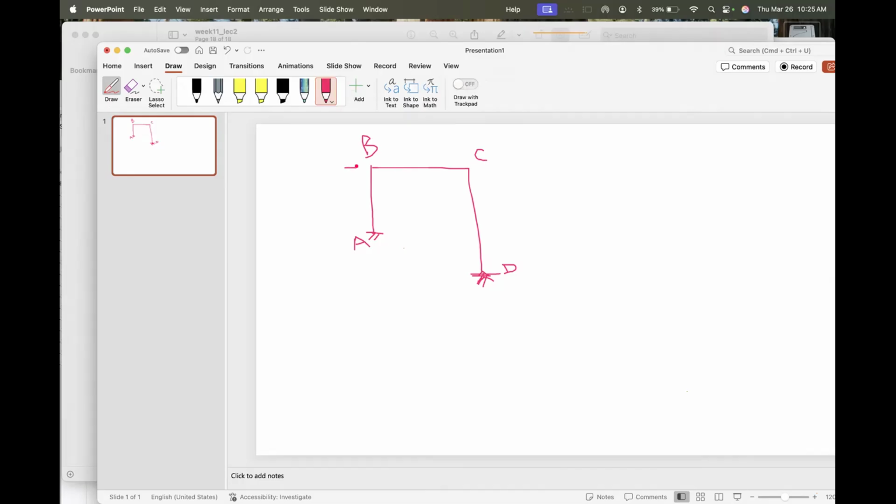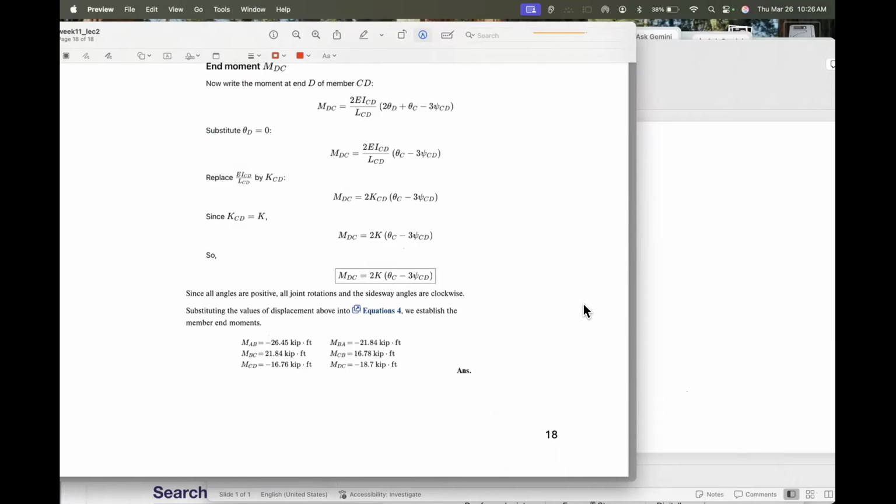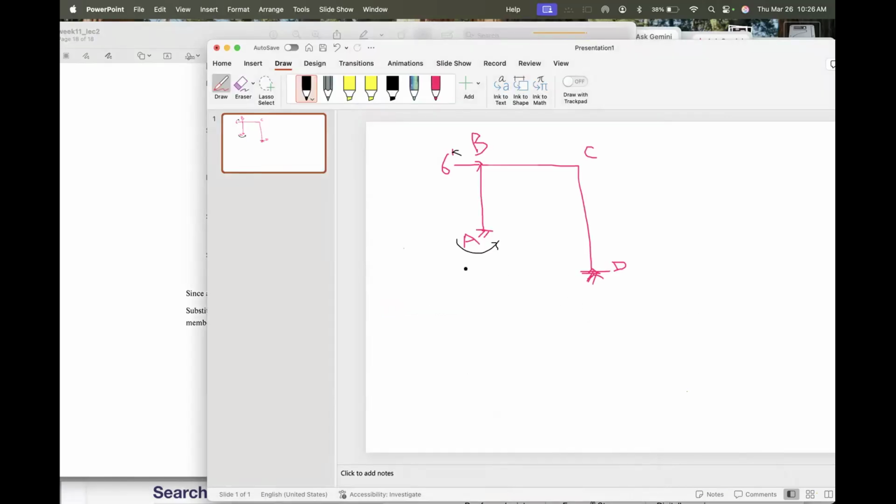And we have 6 kip here from before, 6 kip. Keep 6 kip here. We just compute, right? We just get from here M_AB 26.45. So let's write 26.45.